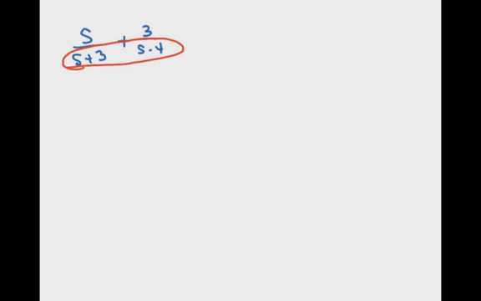So our least common multiple is just going to be s plus 3 times s minus 4, because they have nothing in common, so we have to multiply them together, and that is our least common multiple.